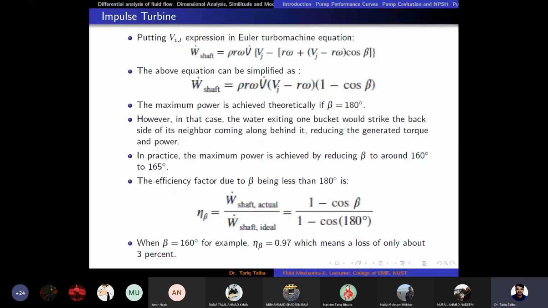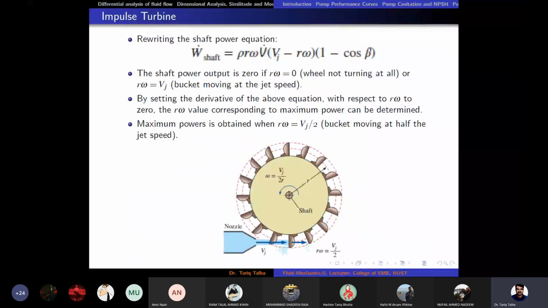And then the last bit is that we can calculate the velocity of the jet at which it would have the maximum efficiency. That would be when we have got the jet velocity, which is 2 times the tangential velocity of the bucket, right?